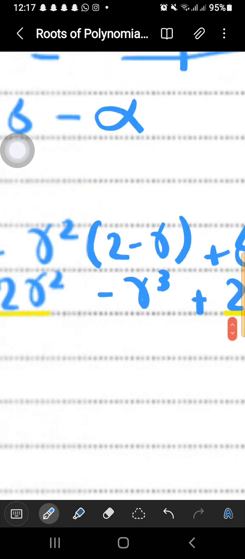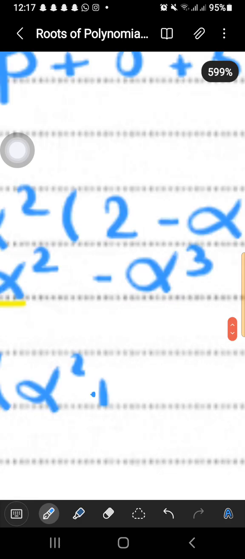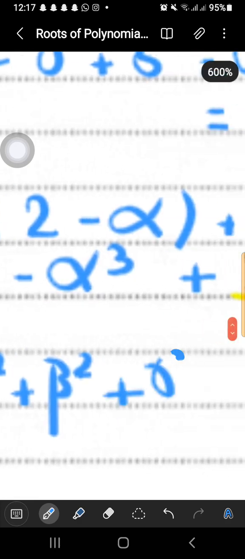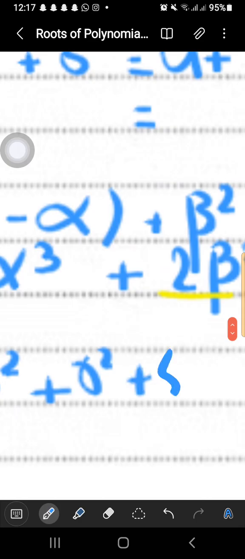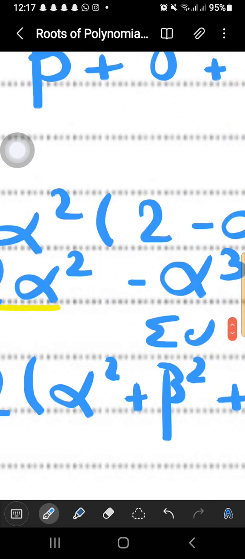We will write it as, taking 2 common, alpha square plus beta square plus gamma square plus delta square, or we can say it is summation of alpha square.